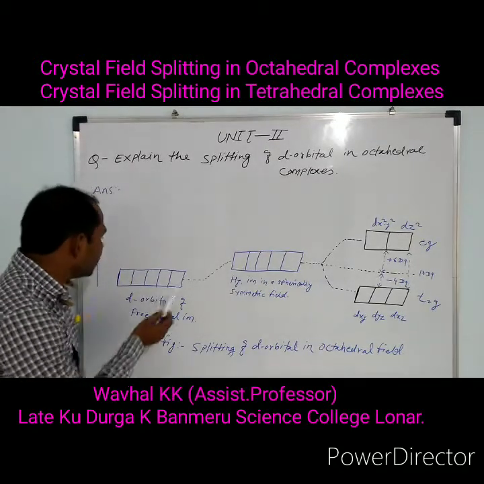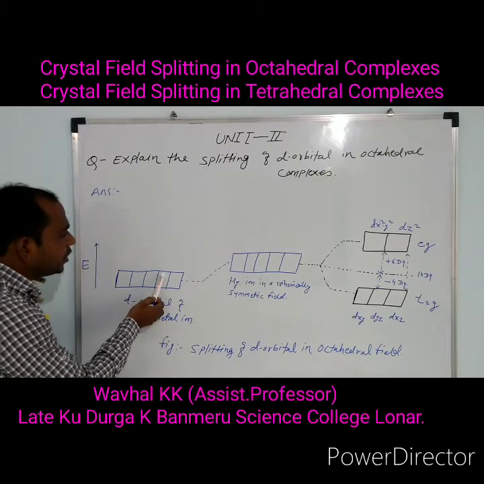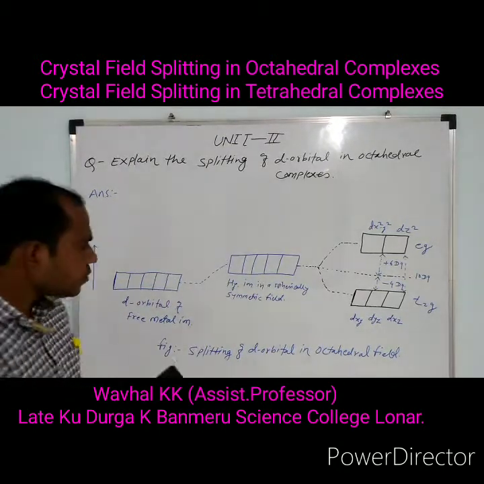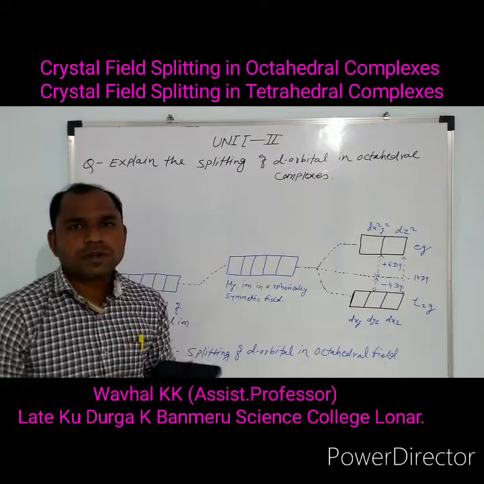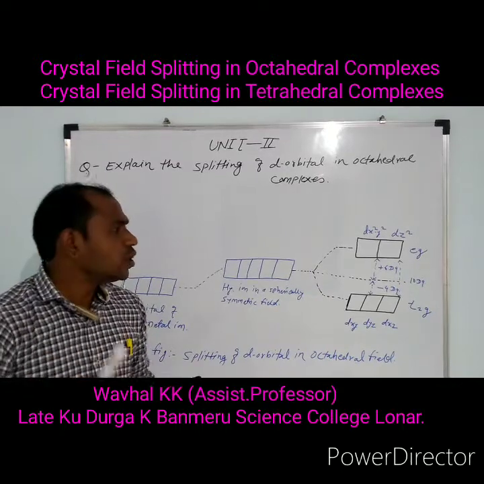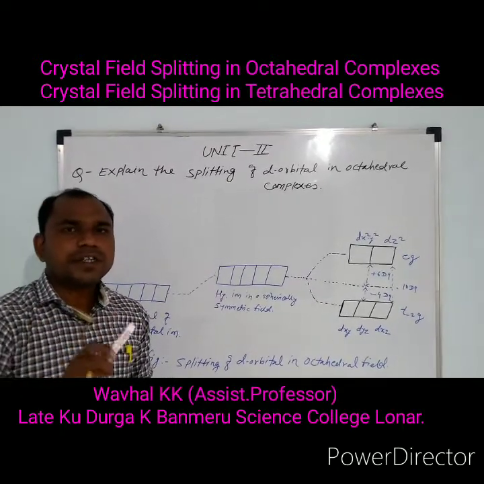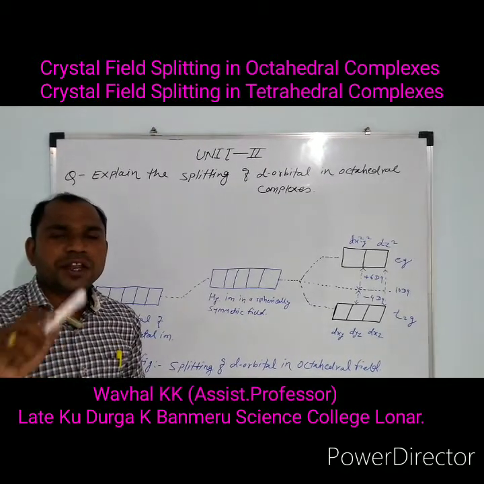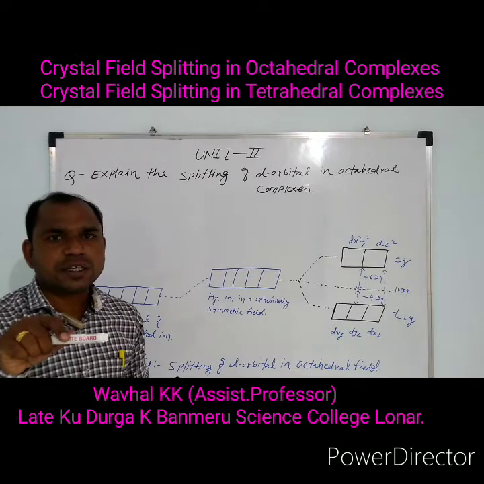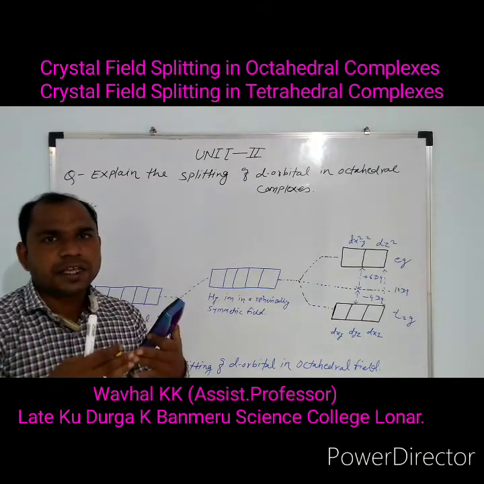Because of the d orbitals, see here, dxy, dyz, dxz, dx square y square, and dz square, these are the five d orbitals. The two orbitals directed along the axis, dx square y square and dz square, interact with the ligands directly.